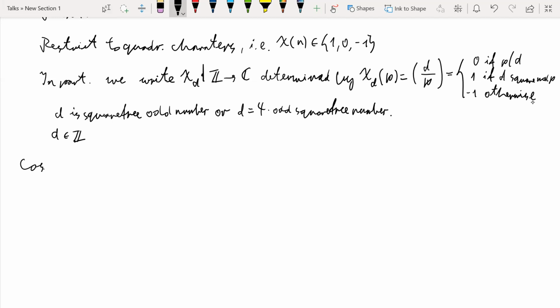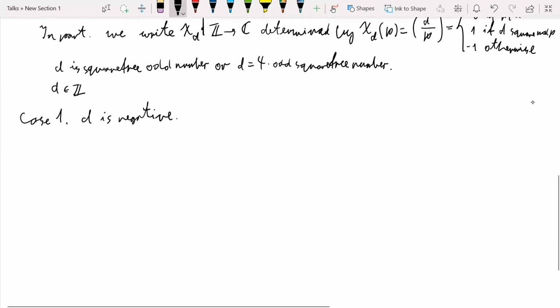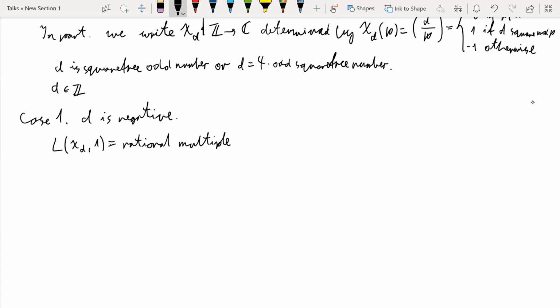So case 1 will be if D is negative. In this case, it turns out that the value L of chi D at 1 is going to be equal to some rational multiple of pi divided by square root of the absolute value of D. This is not very difficult to establish, but exactly what this rational multiple is much more interesting, and we do know this exactly as well.